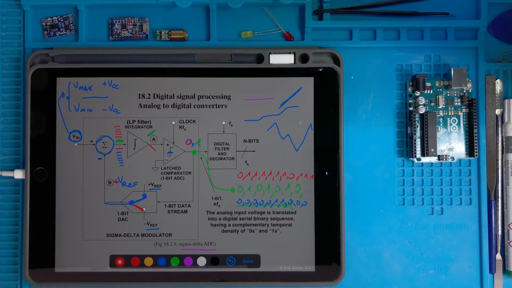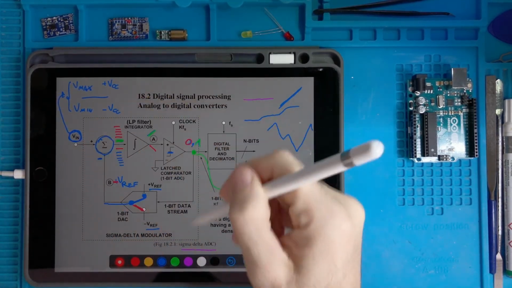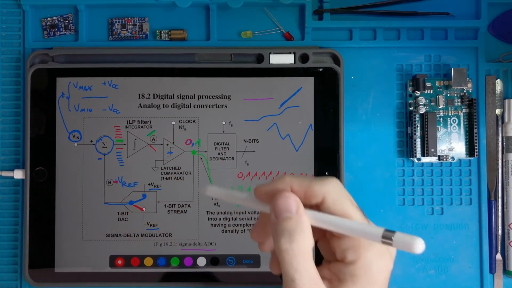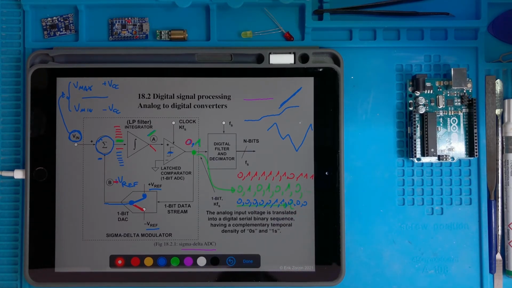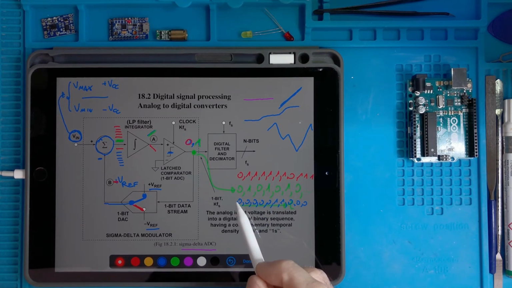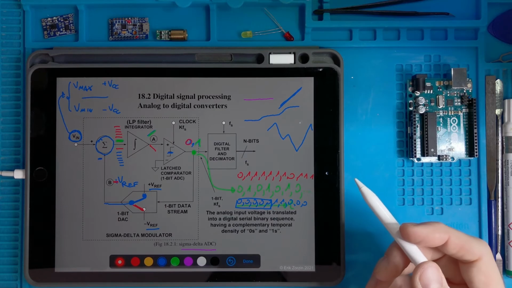So this is very good for us, because basically the resolution of this converter depends on how fast this loop is. If this loop is very fast, then this sequence of numbers is very dense, and the denser it is, the more possibility we have to represent, let's say, the imbalance between the number of 0s and 1s in this serial sequence.